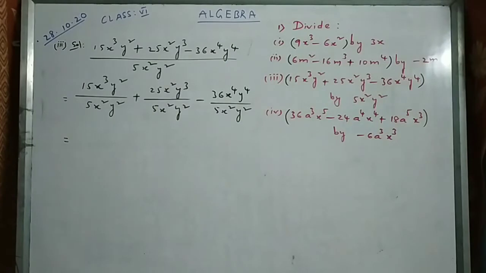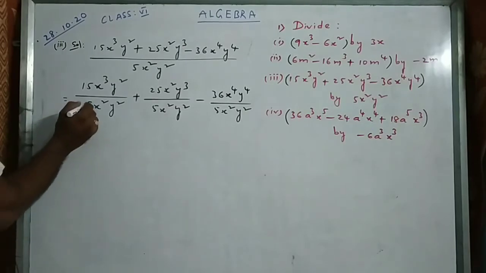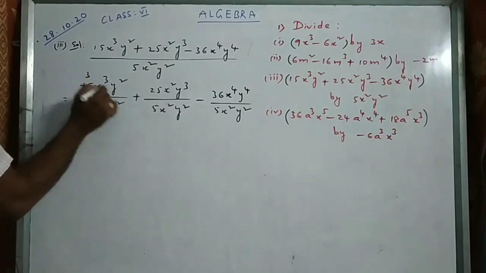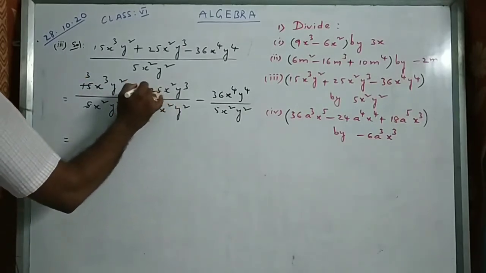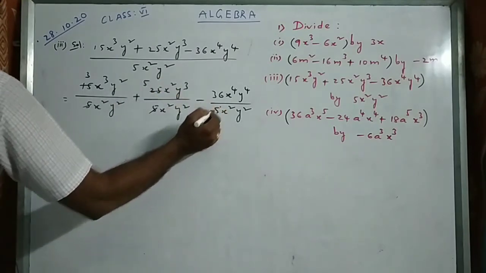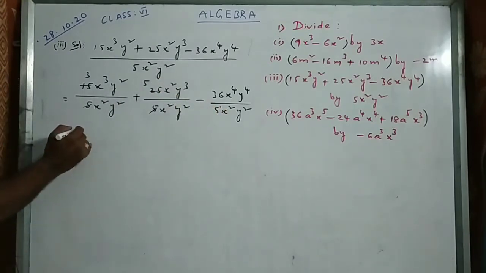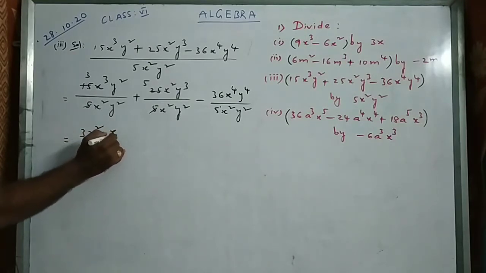You can write like that, splitting the denominator with the numerator. Okay. Now I can write 5 ones, 5 threes, 5 ones, 5 fives. This will not be cancelled. So 3 is there.